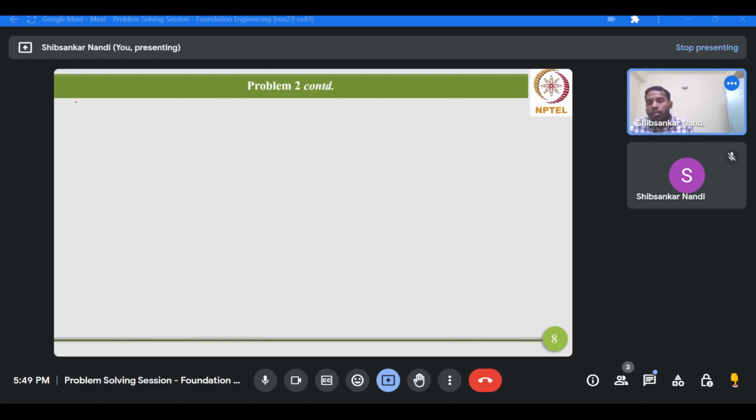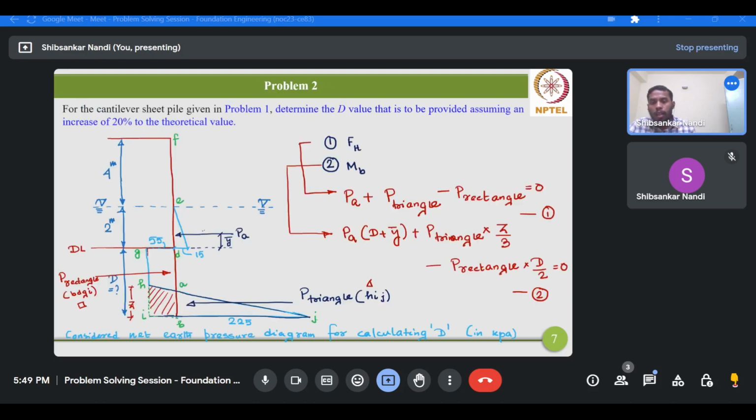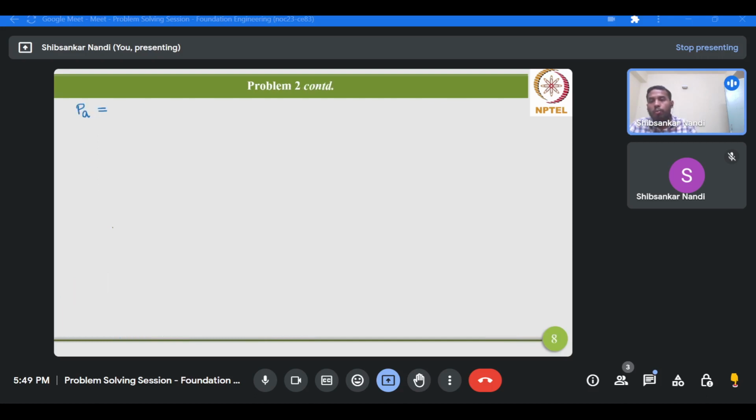First we'll calculate this value. We'll start from PA. PA will be the area of this triangle, and here the base value is your 15 and the height is your 2. So therefore PA will be half multiplied by 15 multiplied by 2, so therefore 15 kilonewton per meter.